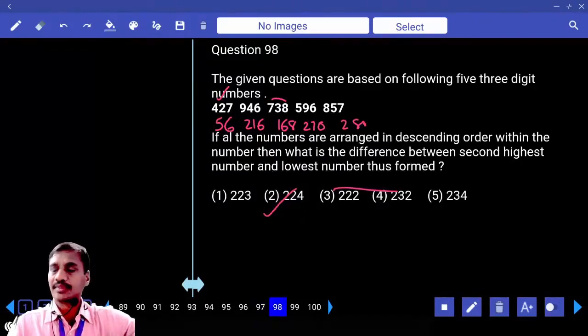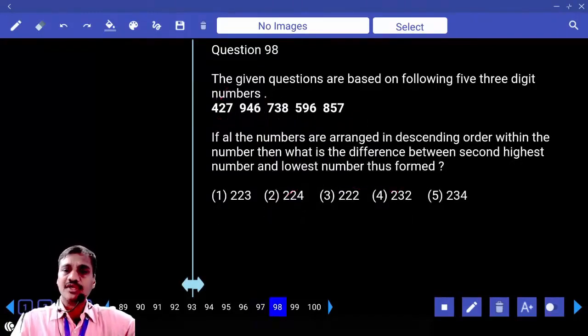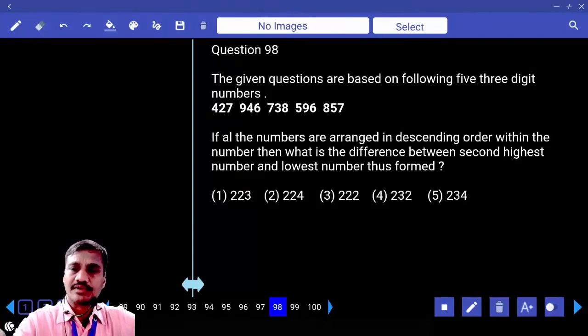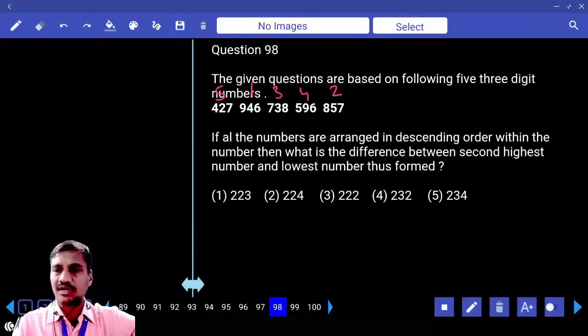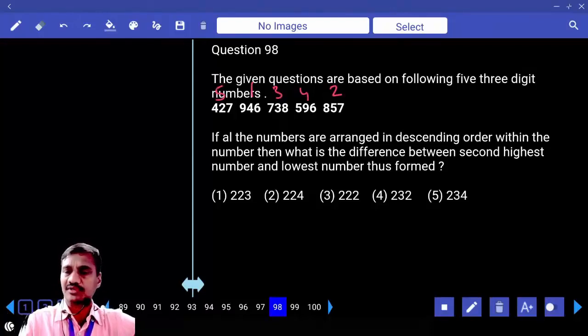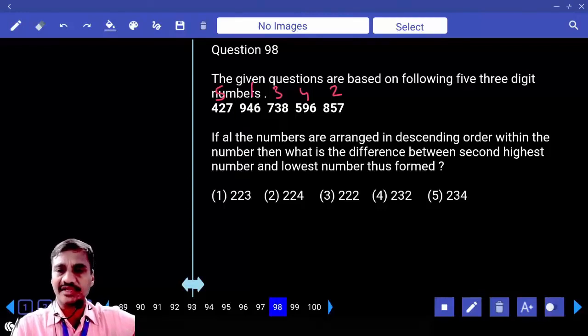Then 98. If all the digits are arranged in descending order within the number, what is the difference between the second highest and the lowest number? All the numbers are arranged in descending order within the number.